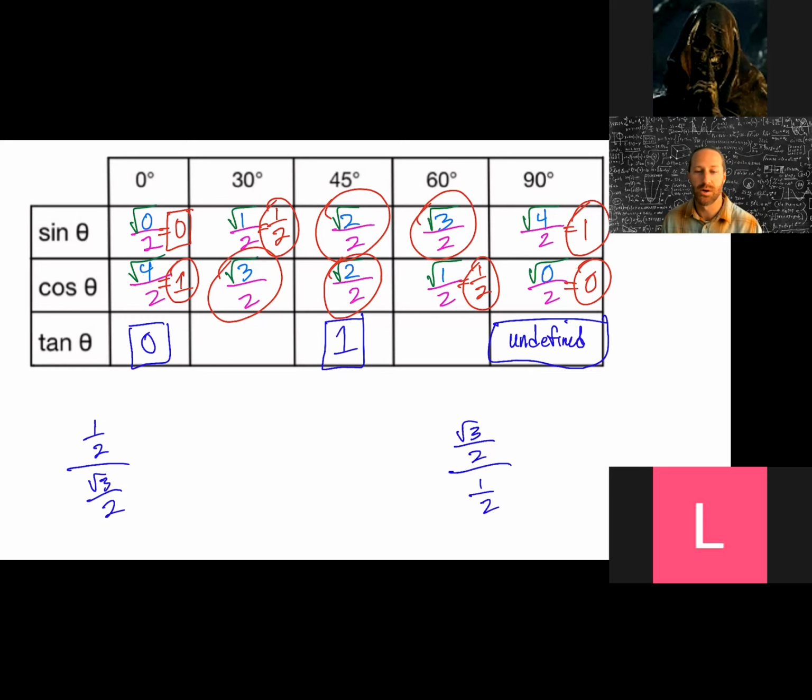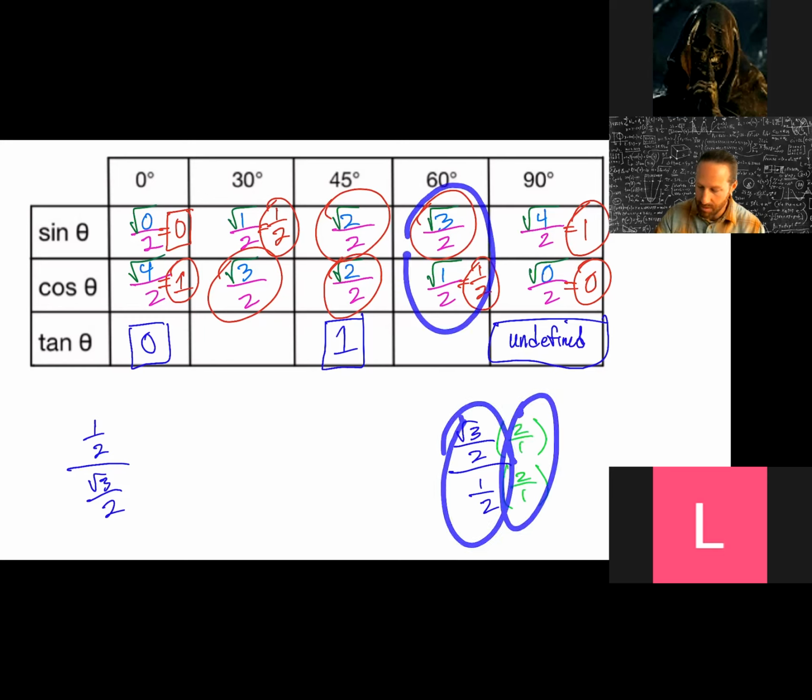Which one do you guys want to do first? Doesn't matter. I agree, but this one looks easier because it doesn't have a root in the denominator. So I'm going to go ahead and multiply by the reciprocal of the denominator, which is 2/1. And that is my fancy 1 that I'm multiplying by to get something that's equivalent, but looks a little different.